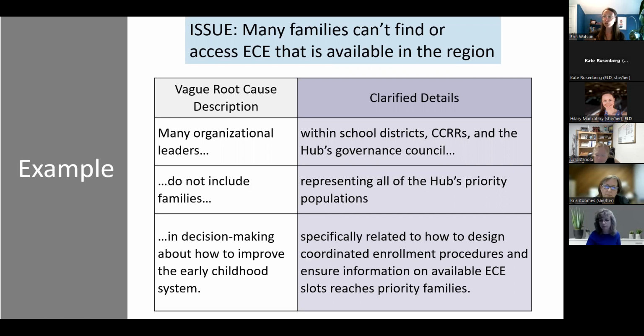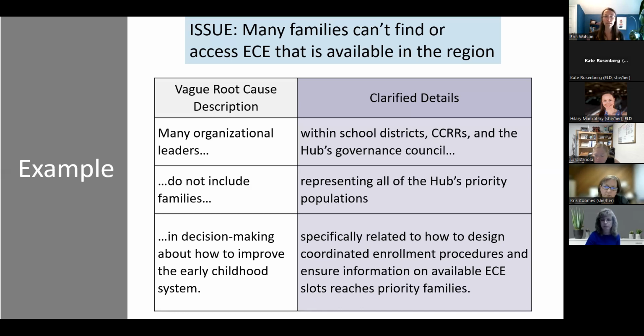Well, if we're looking at that issue above and it has to do with access, we're going to specifically focus this on how to design coordinated enrollment processes and how to make sure information about available childcare slots, how to access it, how to navigate it, is actually reaching priority families. So you can imagine doing this same process with some of the root causes that you identified through your RSA.